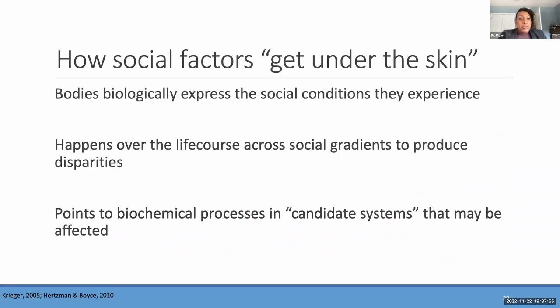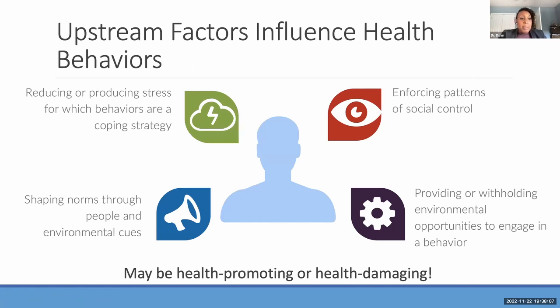So how do these social factors get under our skin? Bodies biologically express the social conditions they experience. It happens over the life course and it can be influenced at different times. And again, points to these biochemical processes. And again, these things are happening at different levels. So there might be these upstream factors that influence our health behaviors.